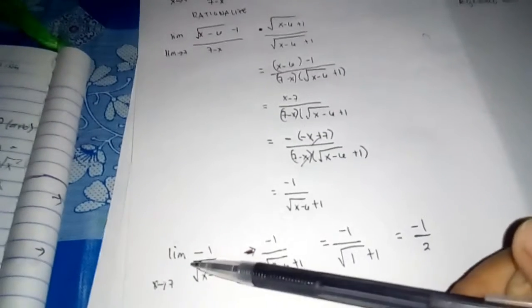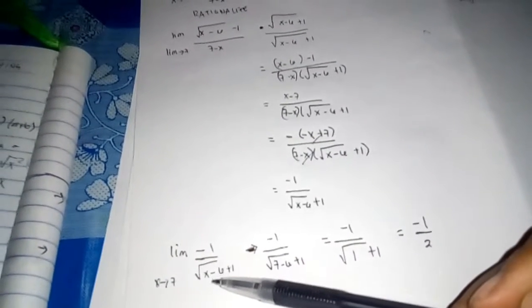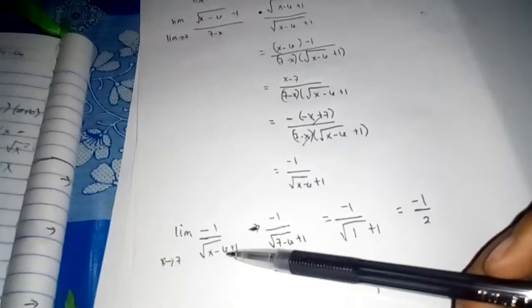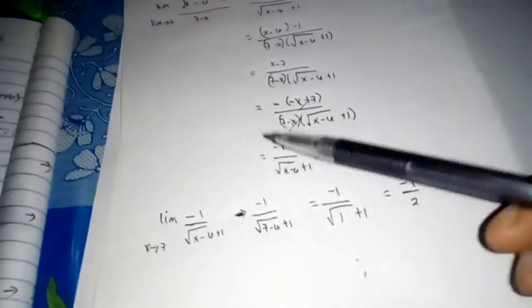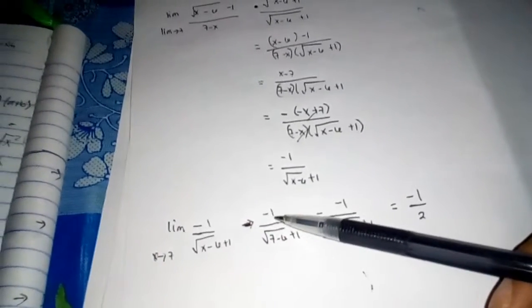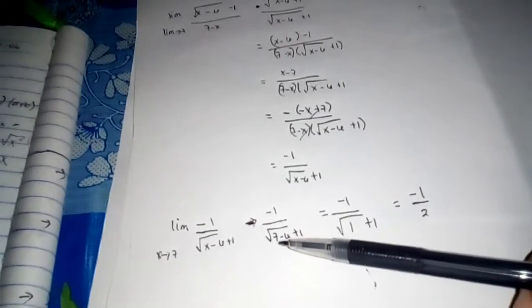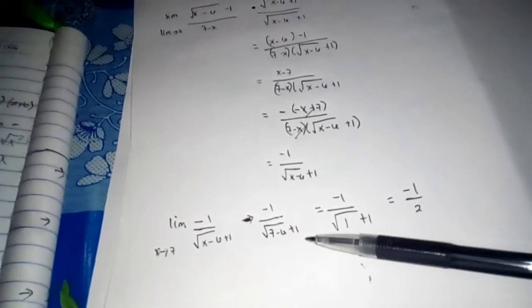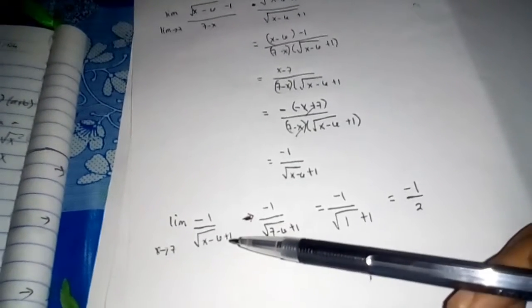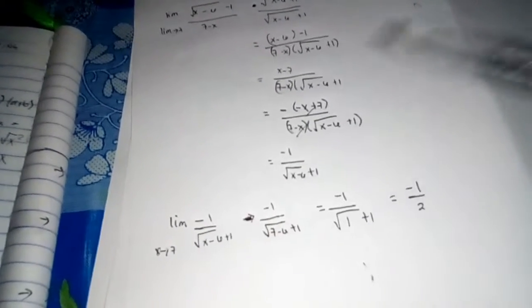So the limit of negative 1 over the square root of x minus 6 plus 1 as x approaches 7 is equal to negative 1 over the square root of 7 minus 6 plus 1. So x is substituted by 7.